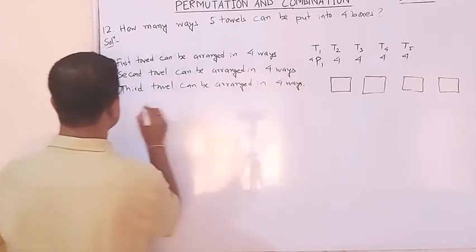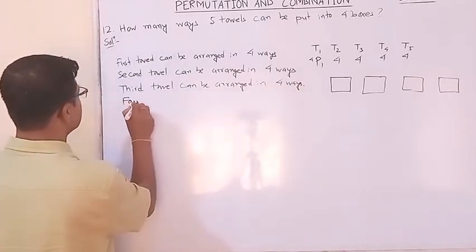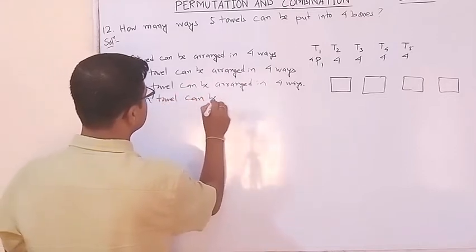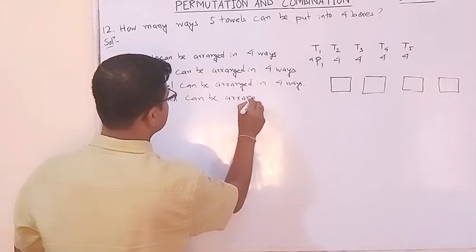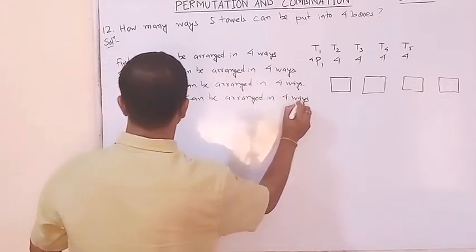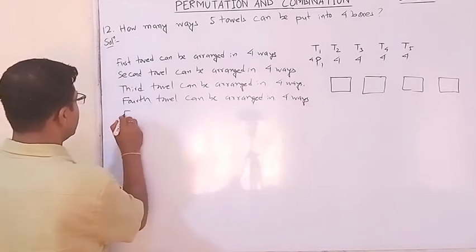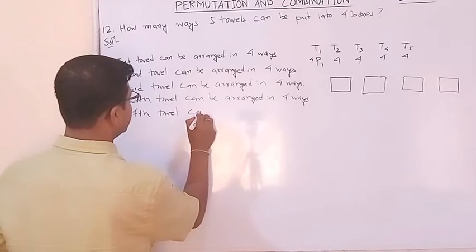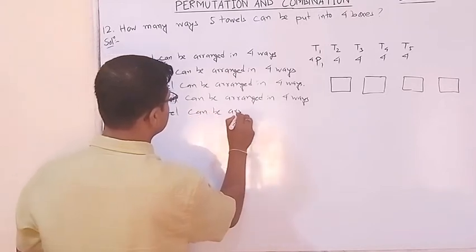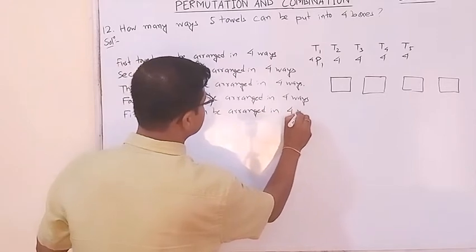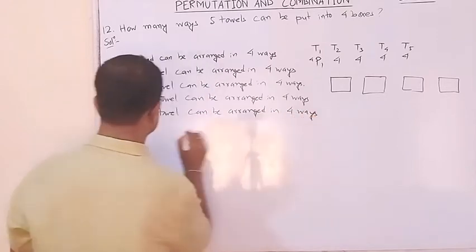Similarly, we shall write for all. Fourth towel can be arranged in 4 ways. Fifth towel can be arranged in 4 ways. So what is the total number of arrangements?